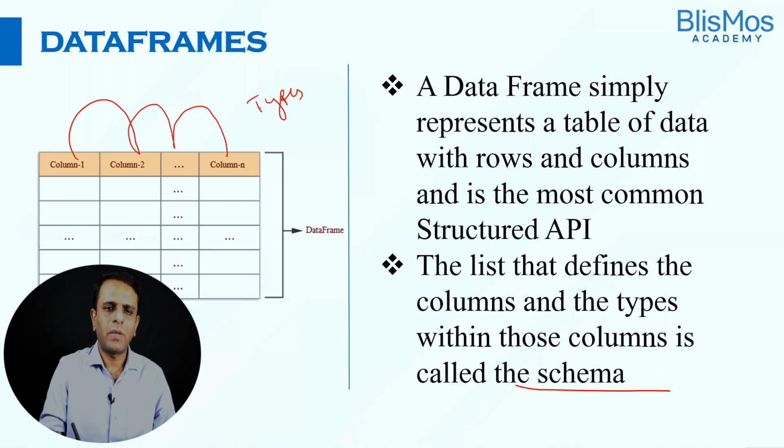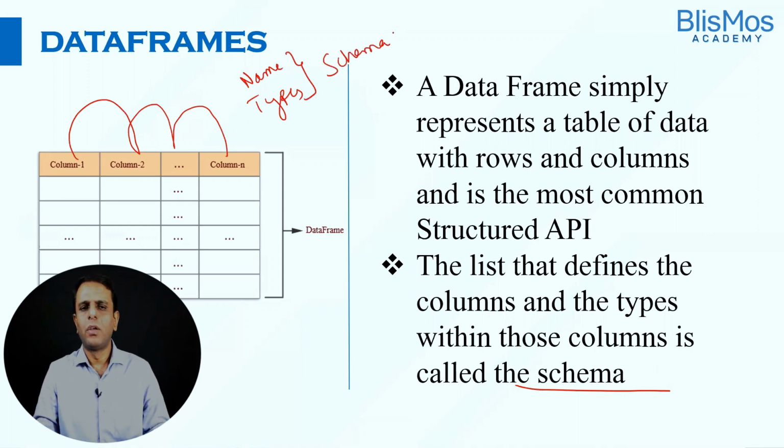The column names and also the types of these columns together we can call a schema. So this is what a data frame is at a high level, and the schema also.